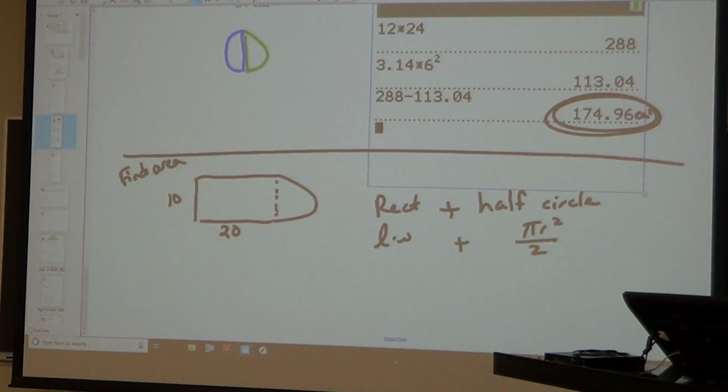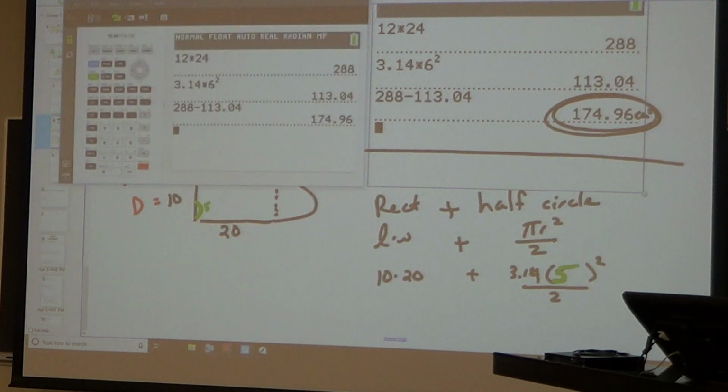What is my length and width? 10 times 20. 3.14, what is my radius? 5, because my diameter is 10, my radius is going to be 5. And I need to cut it in half. So for my rectangle, it's going to be 10 times 20.